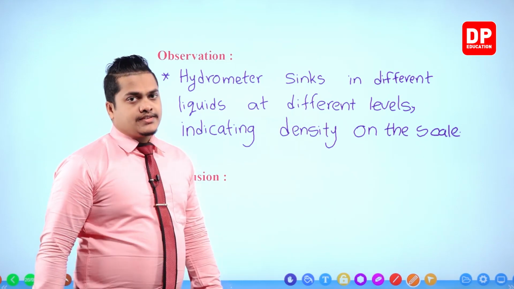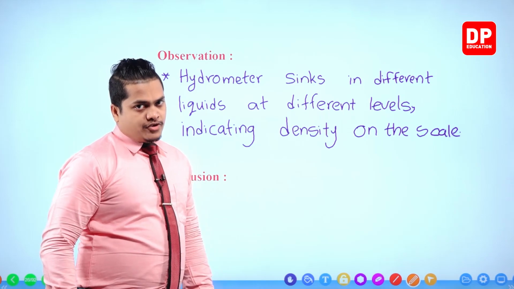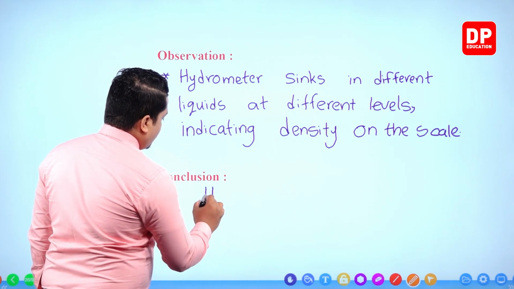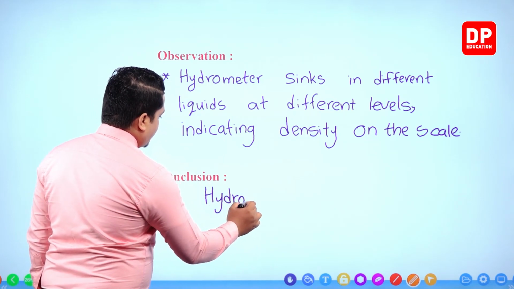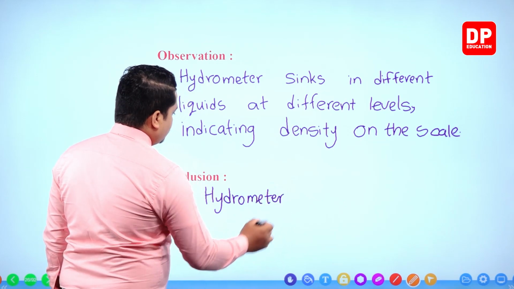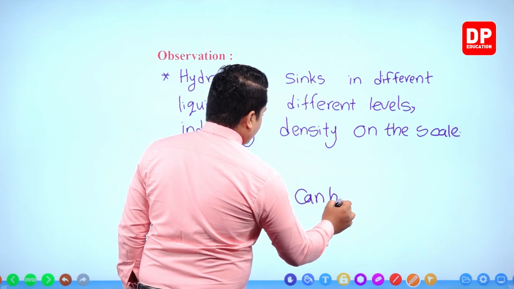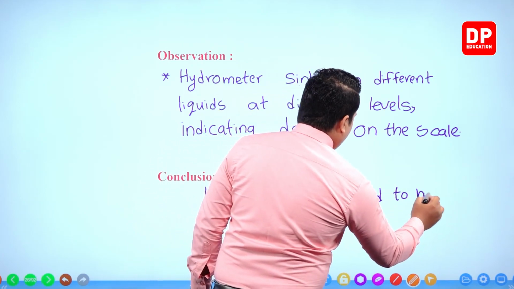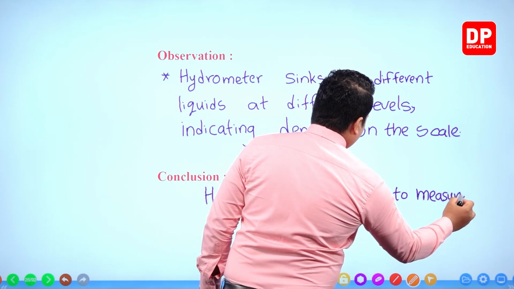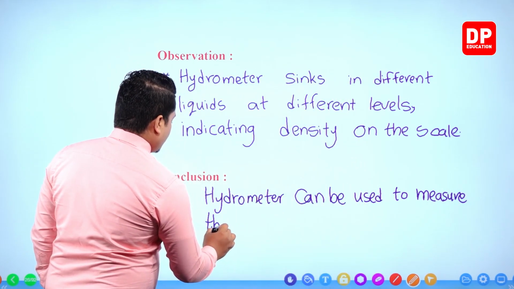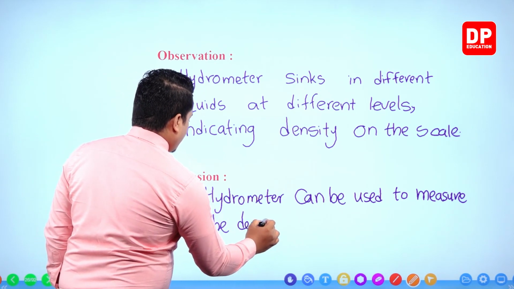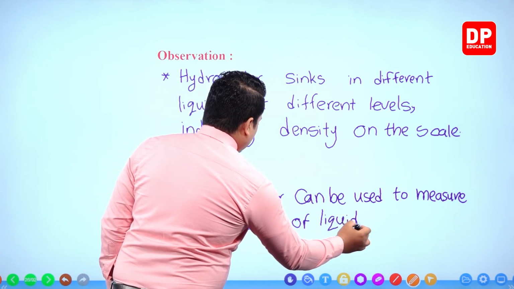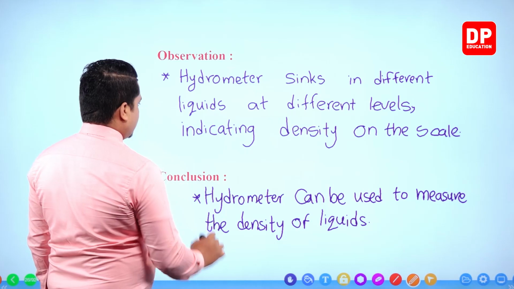So the conclusion is: hydrometer can be used to measure the density of liquids, right?